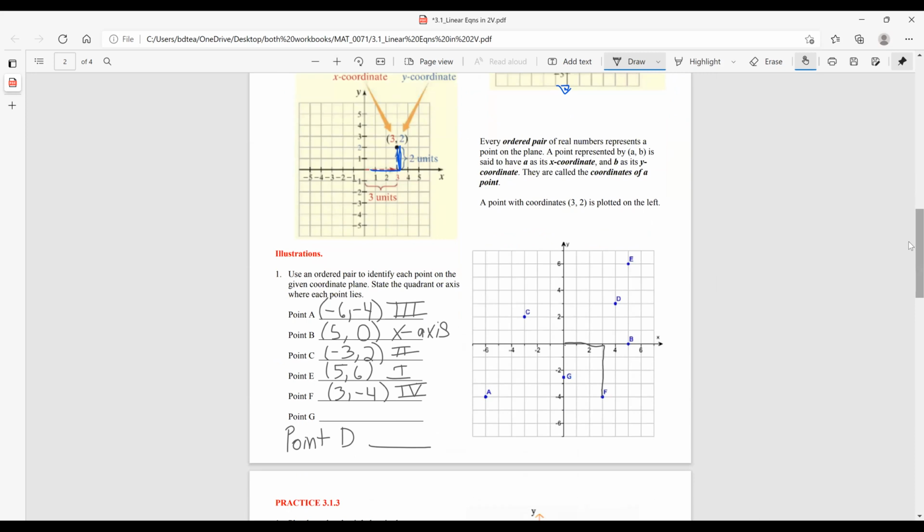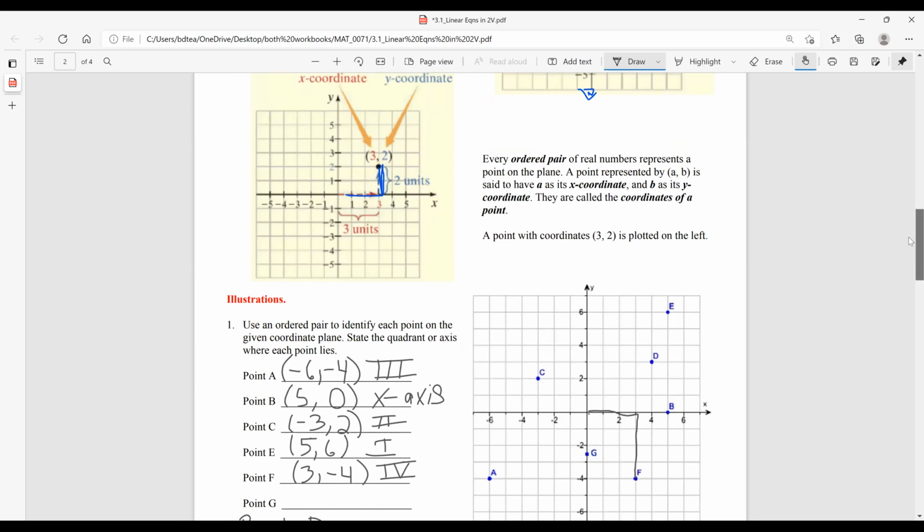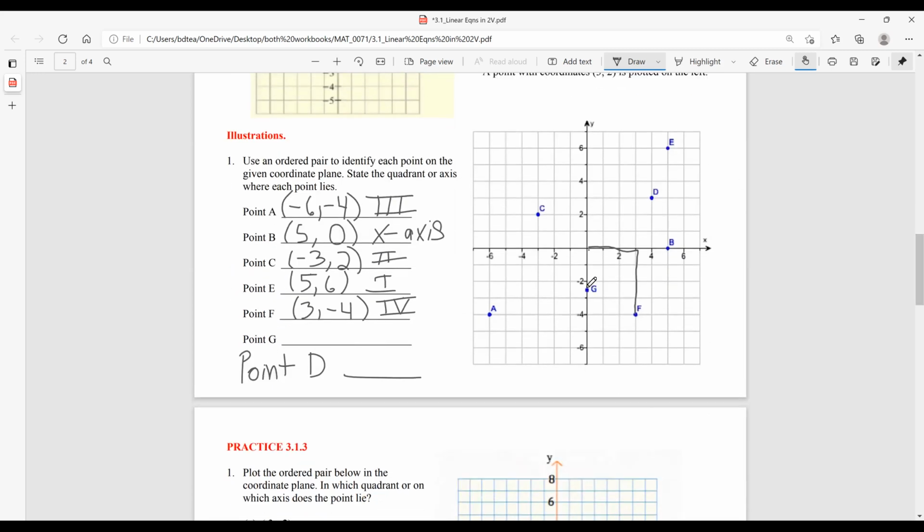If we look at point G, G is on the y-axis. So you know the x coordinate is going to be 0. From the origin, we're going to go down 1, 2, and this is 3, so this is like 2.5. So for G, the y coordinate is -2.5 because you're going in the negative direction.